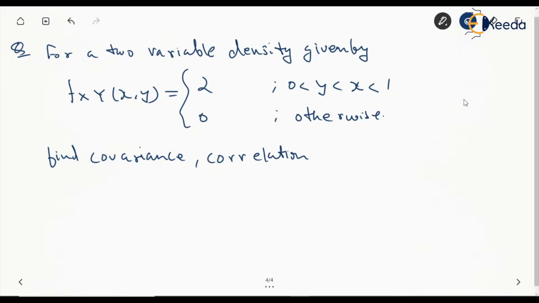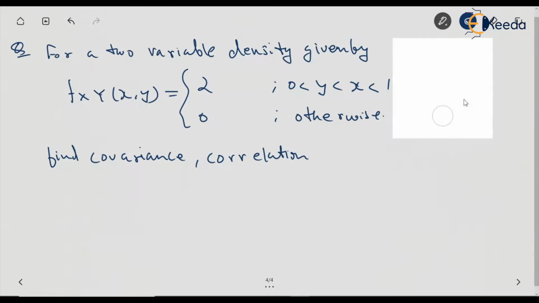Before we do anything, we need to find the region defined for this double variable function. And I'm expecting that you understand the multiple integral again. And if not, you can refer the video for multiple integral or double integral. So let's see.